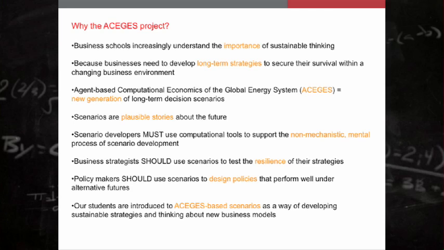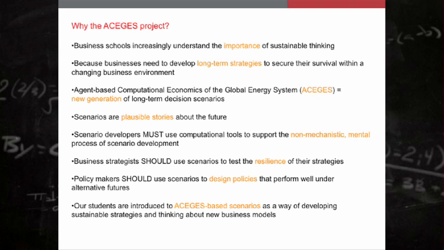So how are we going to do that? We are going to do that by developing a computational laboratory that builds an artificial society inside a computer. Using this artificial society, we try to explore possible futures, and we call these possible futures scenarios. So using the ACEGES software, we develop various scenarios about the future.